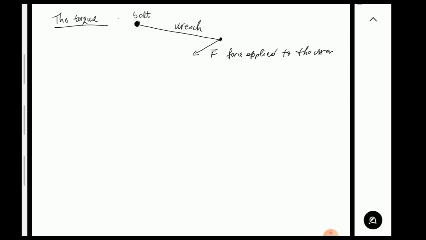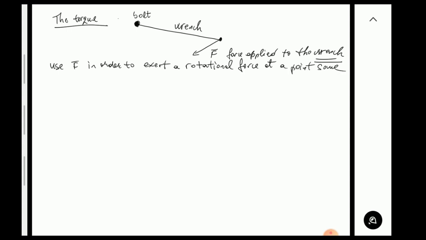So the goal is to use a force in order to exert a rotational force at a point some distance from the origin of the force, so from the point of application of the force.